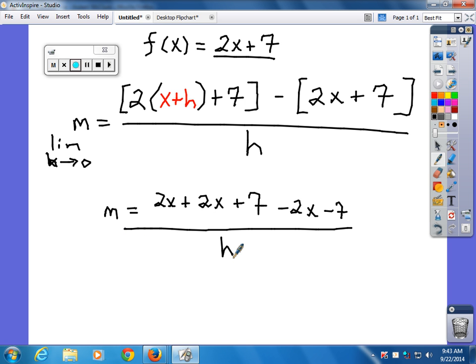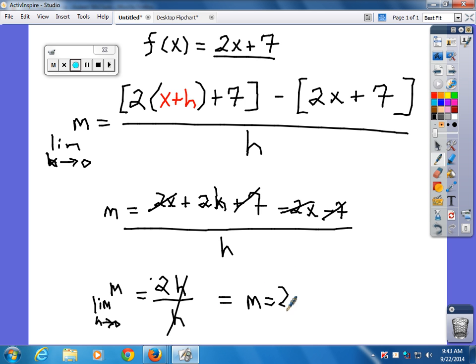And what will happen to the x terms? They will cancel, and the 7s will cancel, and you're left with m as limit as h approaches 0 of 2h over what? h. And your answer, the slope, is equal to 2.